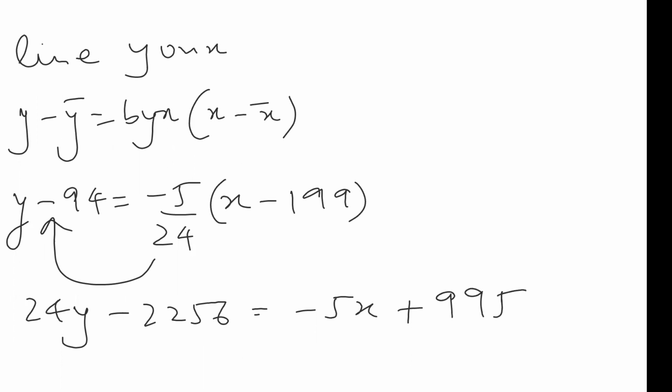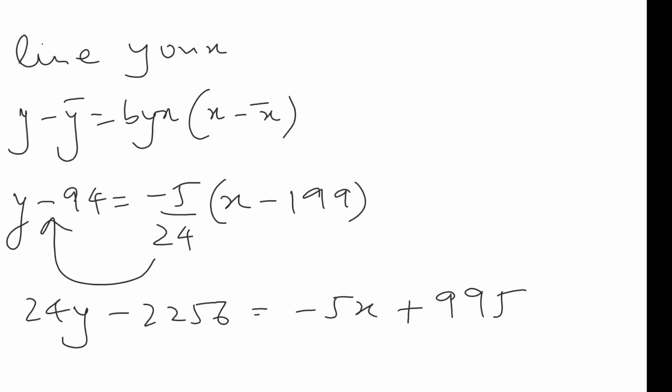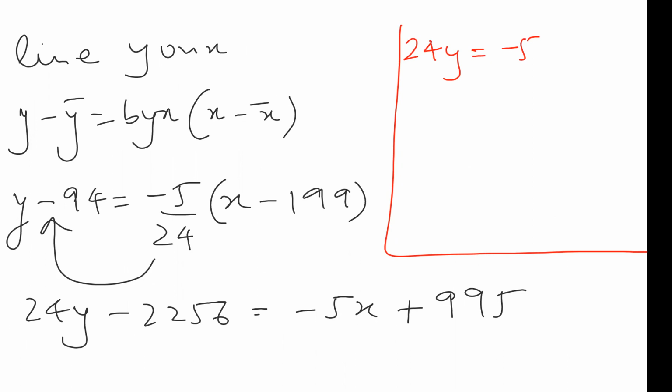We'll simplify this further. I'll take the 5x to the other side, or we can also keep it on the right hand side, not a problem. So 24y is equal to minus 5x, then add 2256 plus 995, which is 3251.